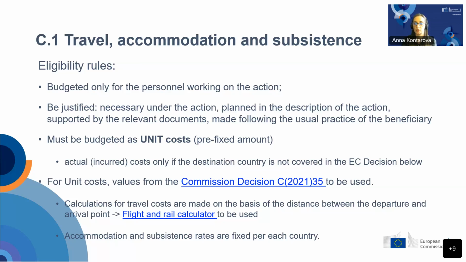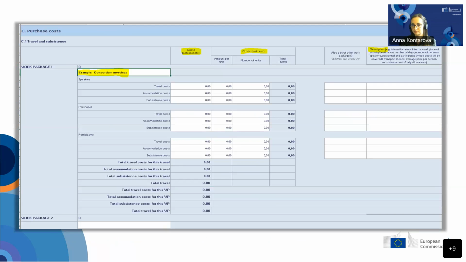And also for the distance, very often we get the question that when you calculate the distance, you will have to calculate it one way. However, the unit cost will be per return trip. And next slide, please. And the relevant section in the detailed budget table will look like this.